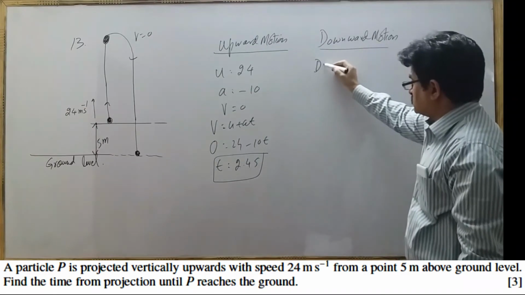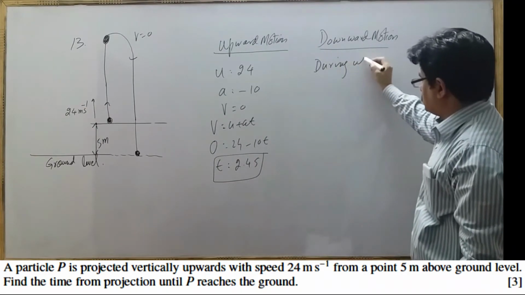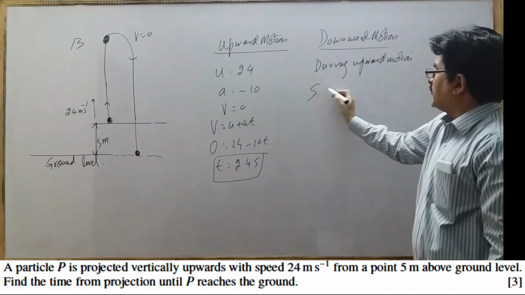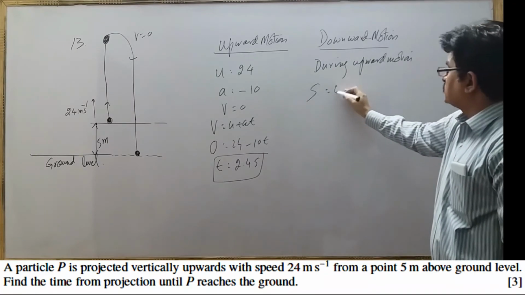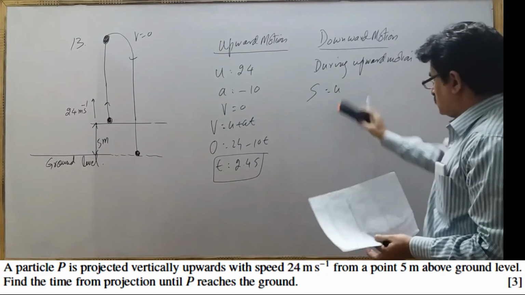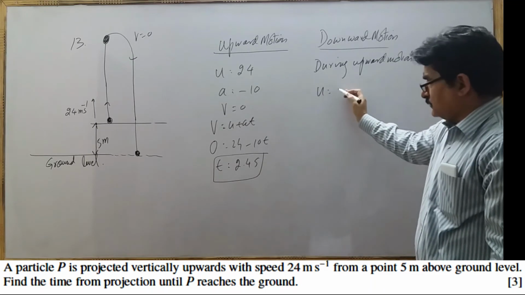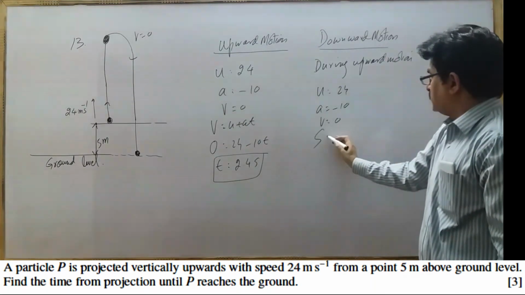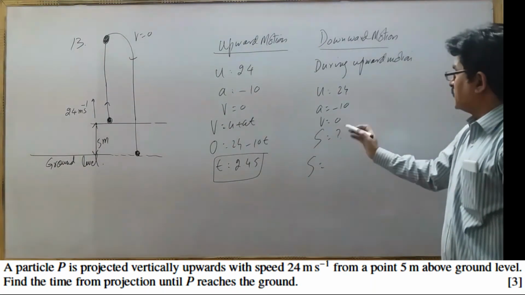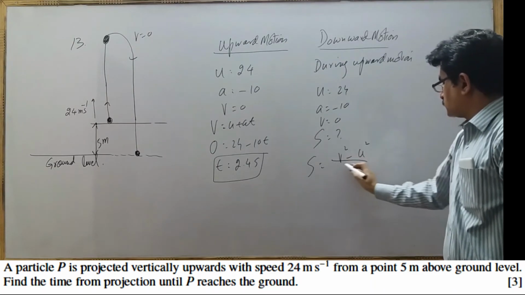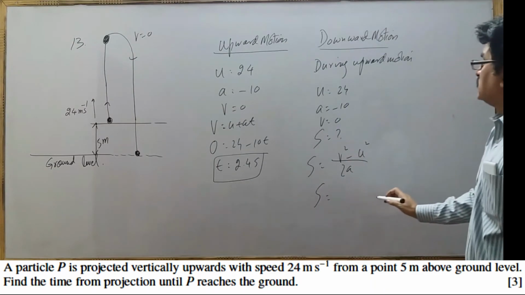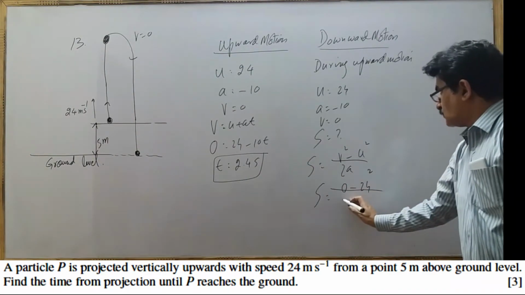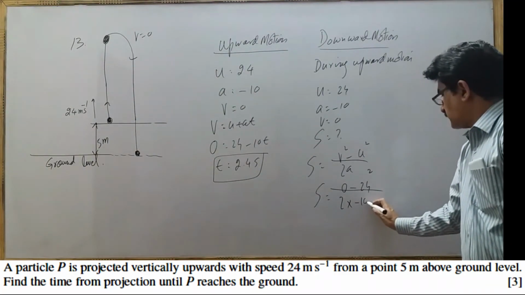So during upward motion, we can write the data: u is equal to 24, acceleration is -10, v is equal to 0. We need S. So S is equal to, again applying, v square minus u square over 2a, which gives 0 minus 24 square, whole over 2 into -10.